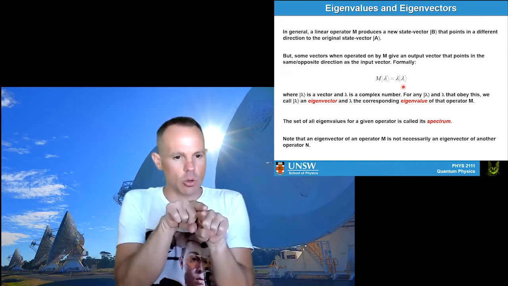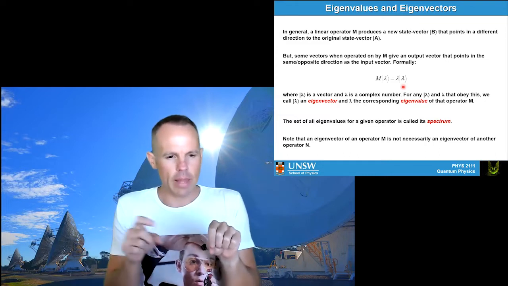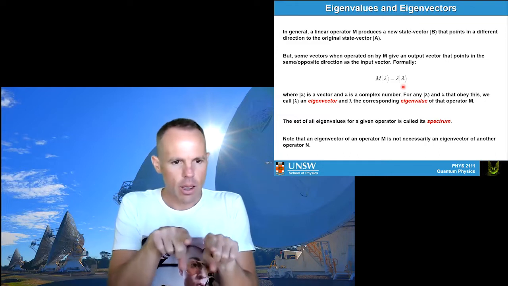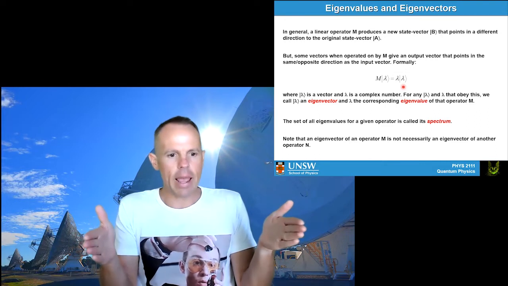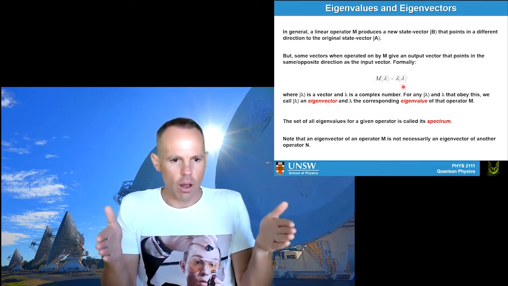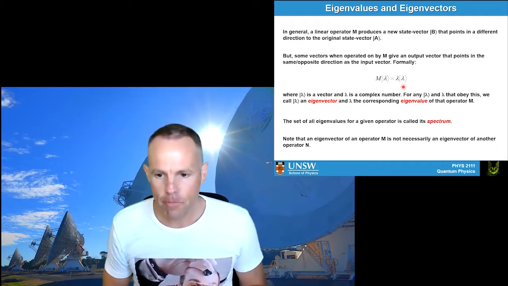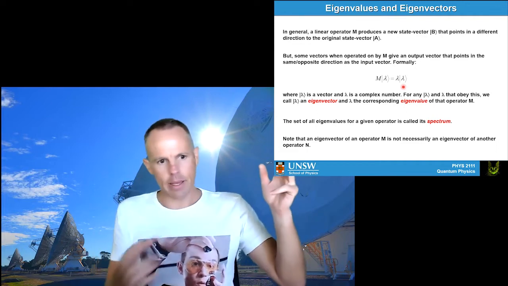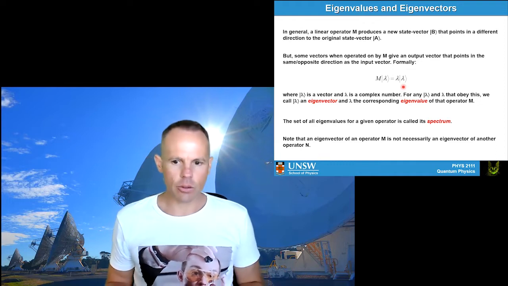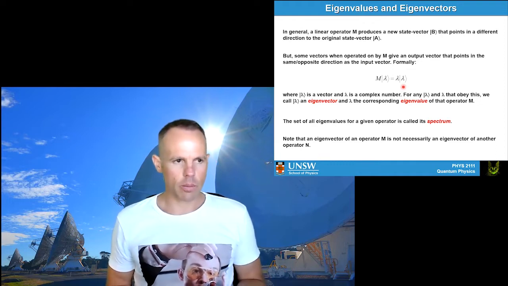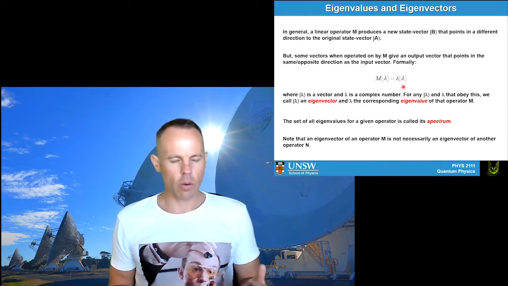Sometimes there'll be two eigenvalues that are the same, and we'll talk about what that means in another lecture. But generally, there will not be more than n eigenvalues for a matrix with n by n dimensions. That set of up to n eigenvalues is what we call the spectrum, and the reason we call it the spectrum is a historical thing.